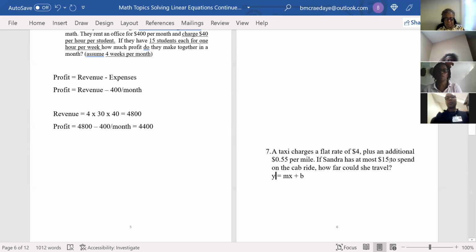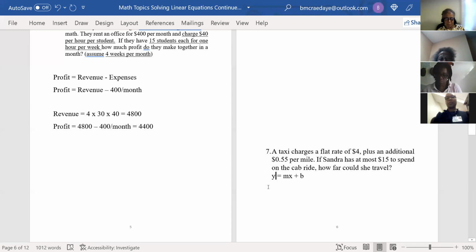You've got $15 to spend, you're paying 55 cents per mile, and you have a flat rate, that's your y-intercept, of $4.